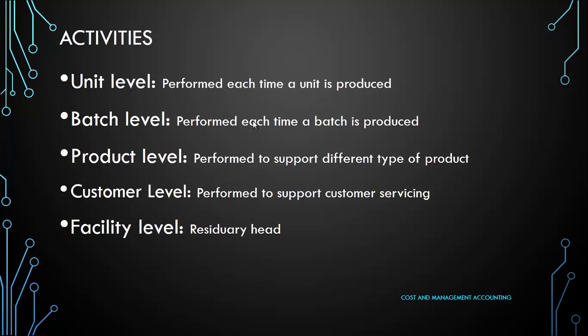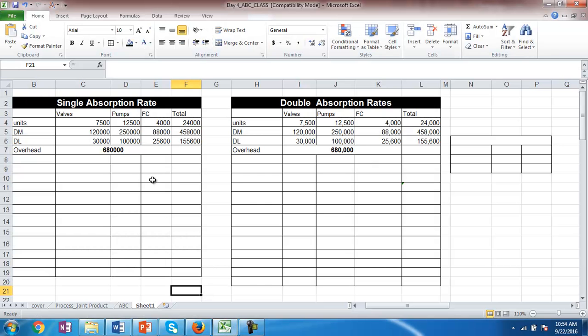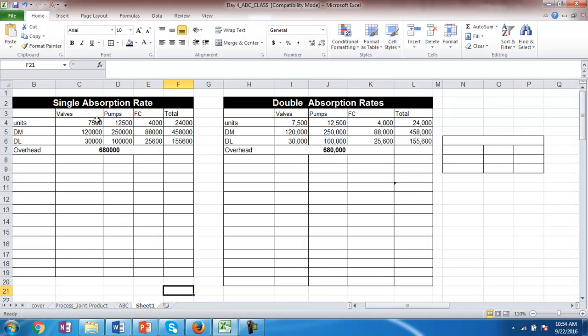Now let us take an example and see how the costing changes the profit per product and the profitability of the product. So are all products equally profitable is an important managerial question.